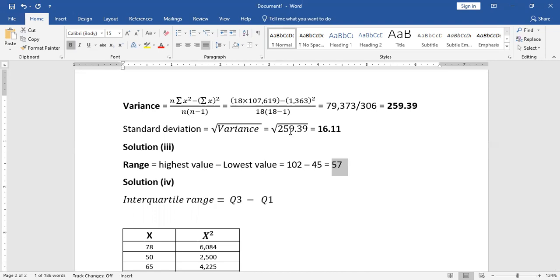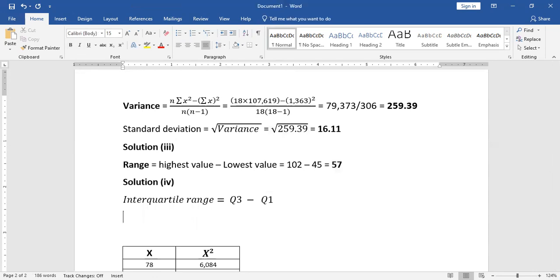And the final thing that I need to do is to get the interquartile range. So I'll need quartile 3.